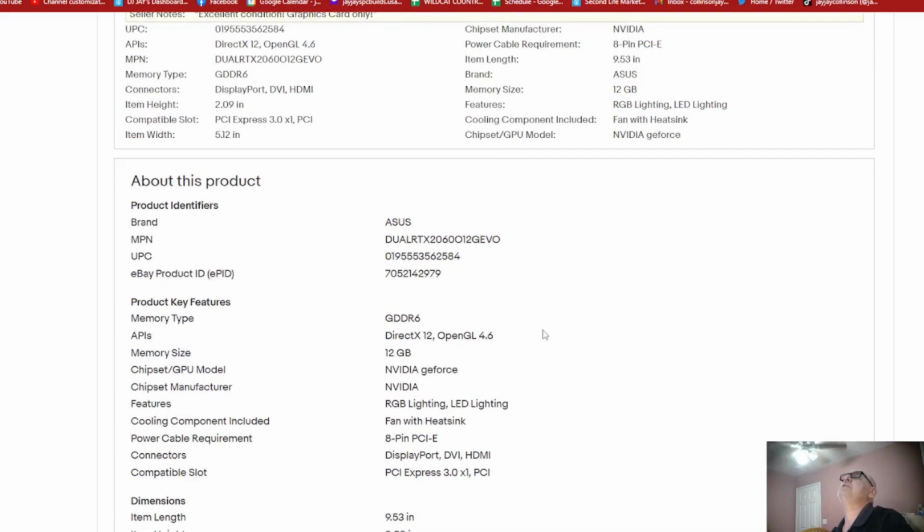Okay, it's 3.0 x16. I'm using the B450 motherboard. The PCIe 3.0 x16 would work perfect with this anyway. Okay, for gaming, I think it would do really good.